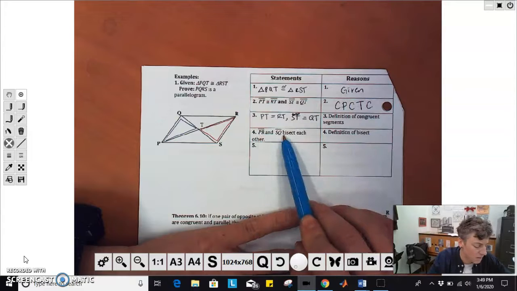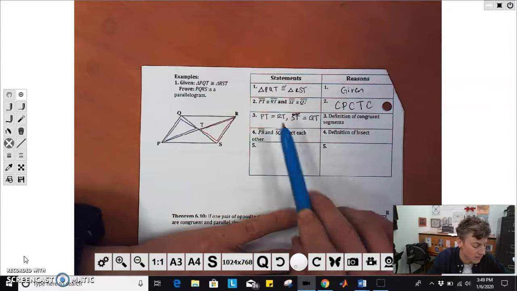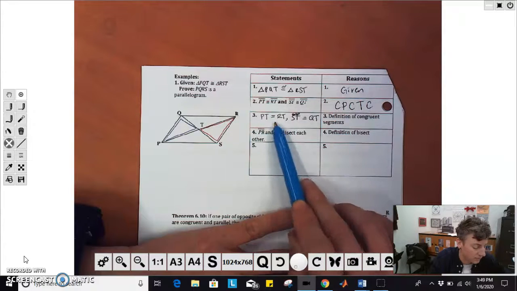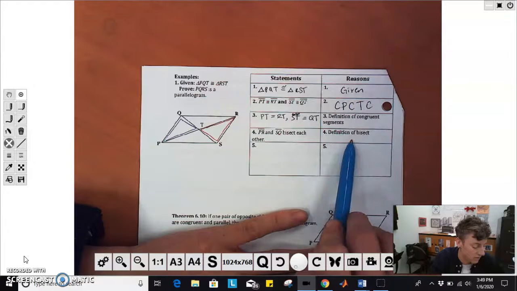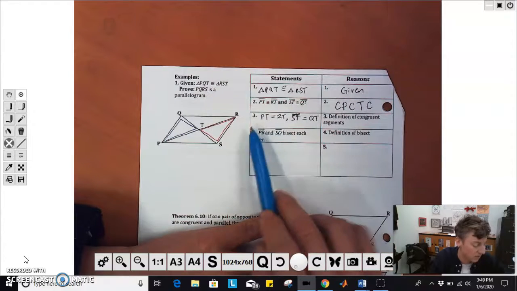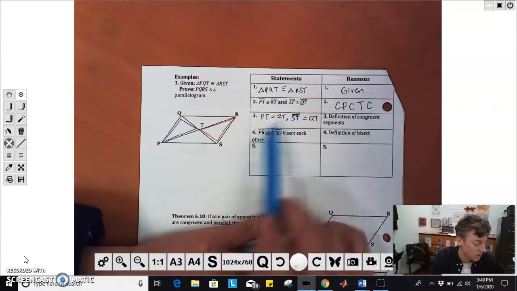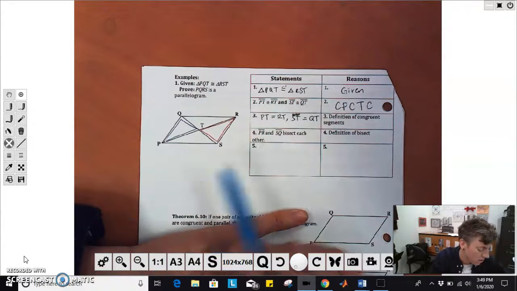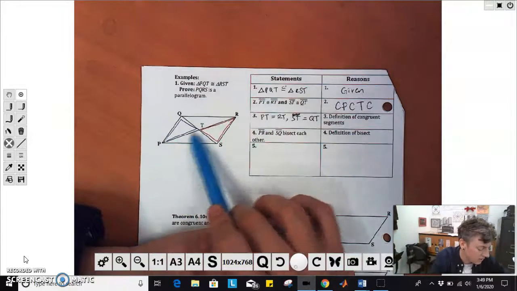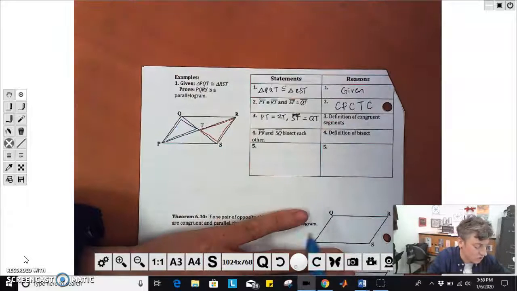So this means that PR and SQ bisect each other because this is essentially saying that T is the midpoint, right? That's what bisect does, makes these two parts of that segment equal to each other. They have the same measure. So we've got these diagonals bisecting each other.